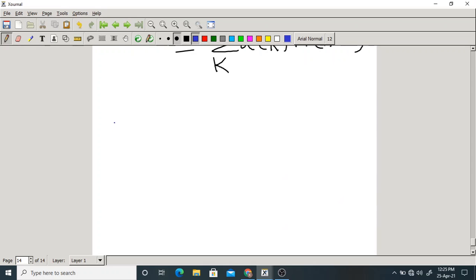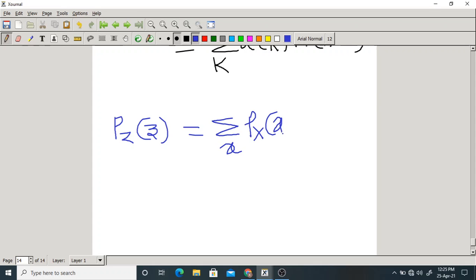What formula? P_Z(z) equal to summation over x of P_X(x) P_Y(z minus x). Now we know P_X(x), we know P_Y(y).